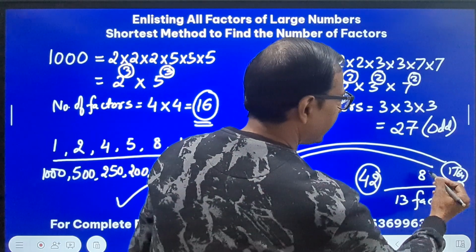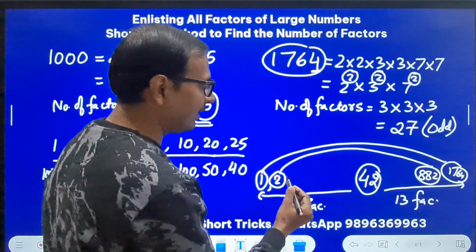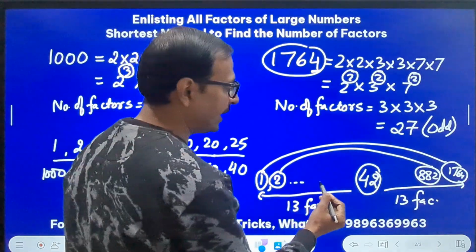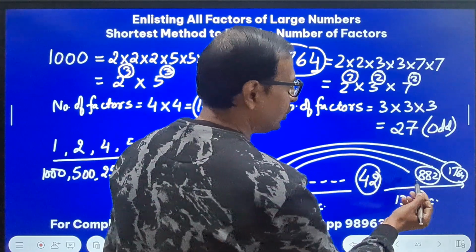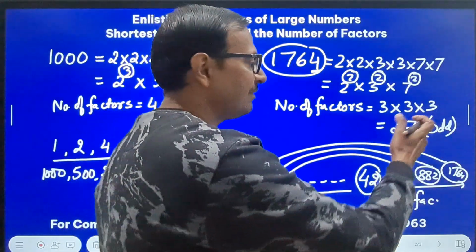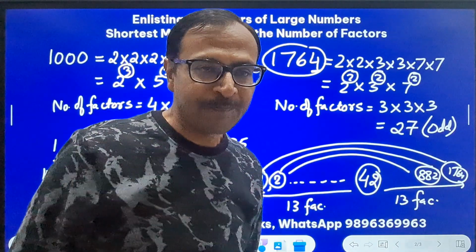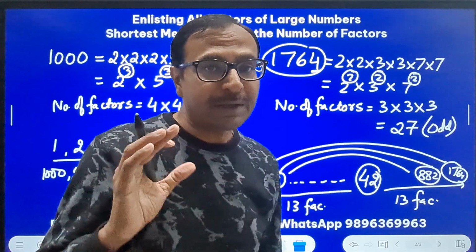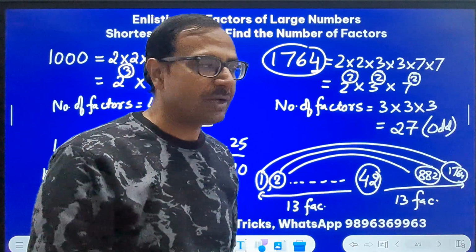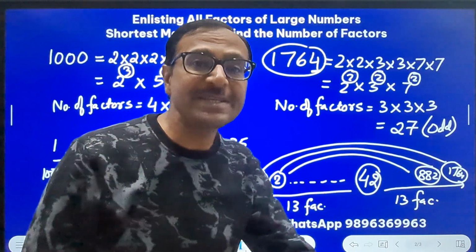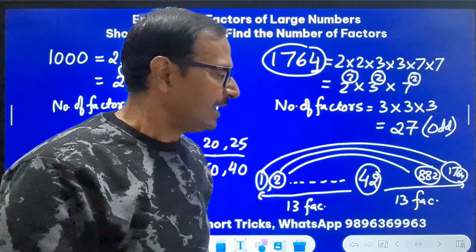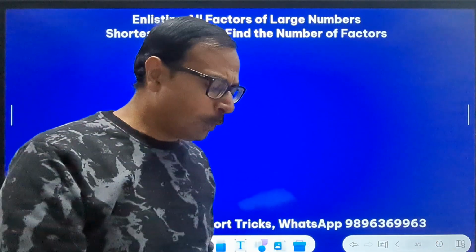Now keep on writing one factor here and write the corresponding factor here. You will enlist all the 27 factors of 1764. Not easy, but the easiest way to write all the factors and not to miss out on any factor. Okay, let's take bigger numbers.